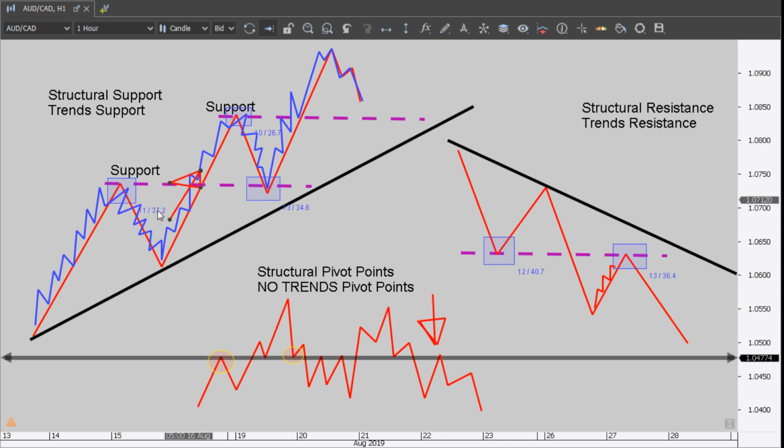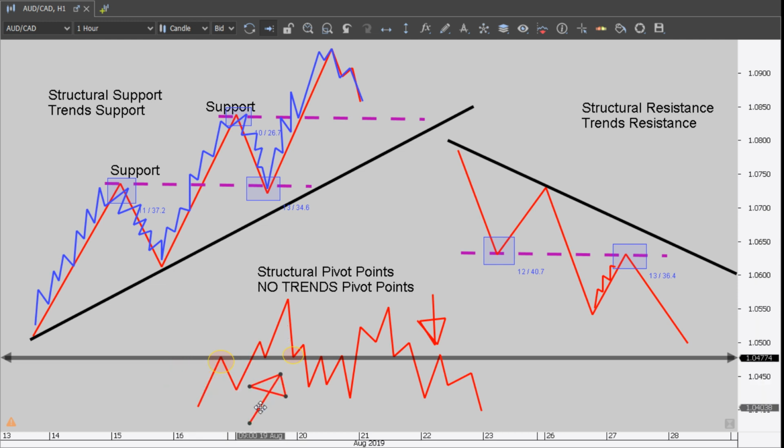Now, support and resistance levels are going to help us to predict the potential future reversal. But pivot points are going to help us to check where not to enter, where not to trade, where to limit our technical risk.